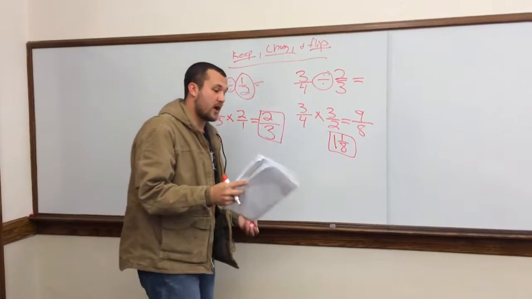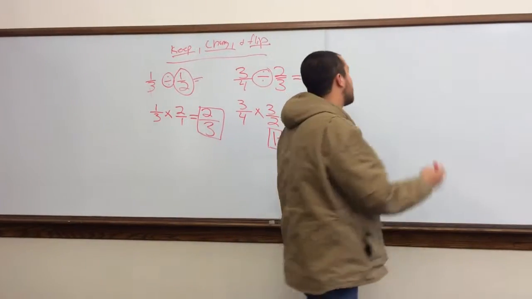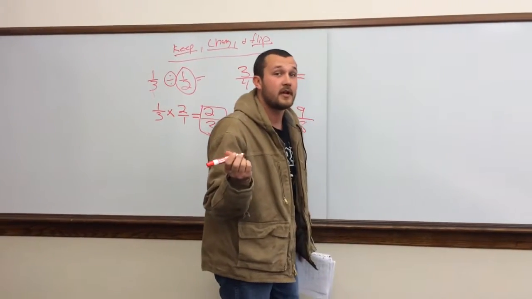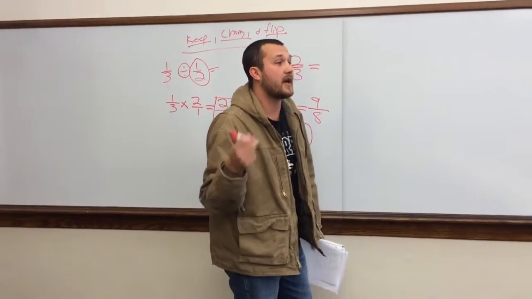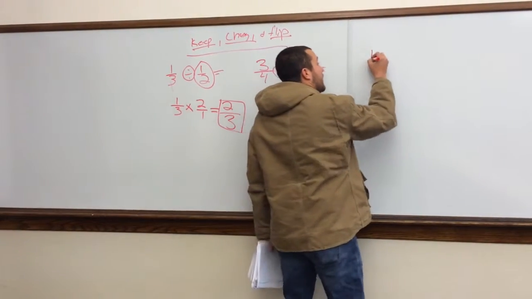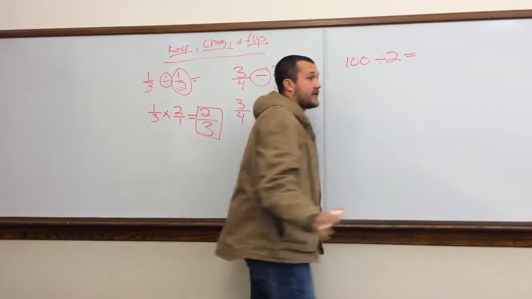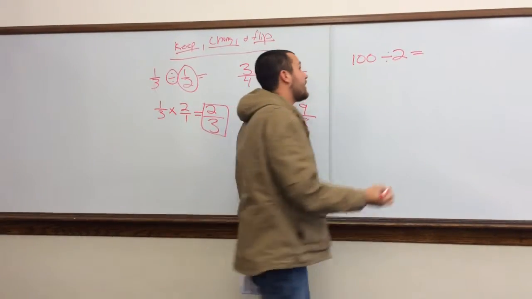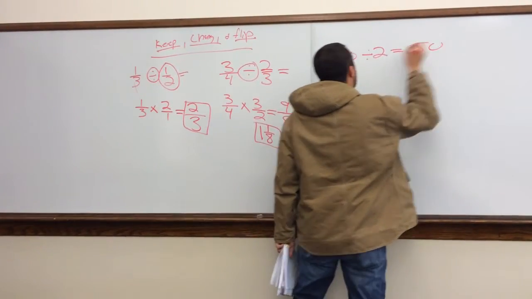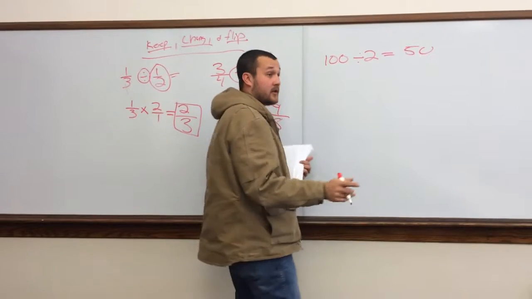Okay? So let me first show you this. They showed this in the video, and I think this is very important in helping to understand why we can just keep, change, and flip. So if we have 100, and we divided that by 2, we all know the answer, right? It's 50. But we also know that 100 can also be written in fraction form, correct?